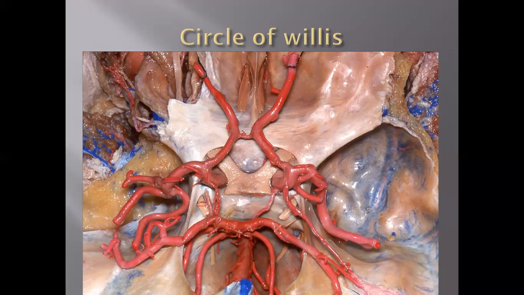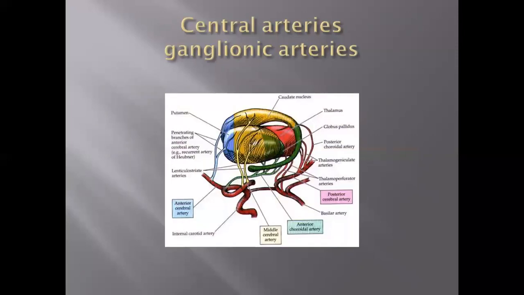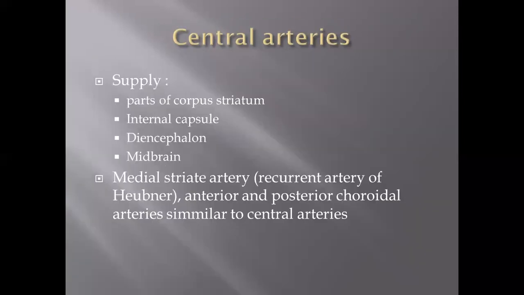Right. So those are the listed branches, right? And quite often you may have one of the cerebral arteries, anterior cerebral arteries, being quite small. Right? These are the central arteries that I was describing. I'll skip that.